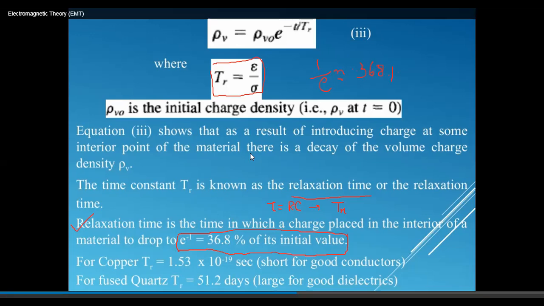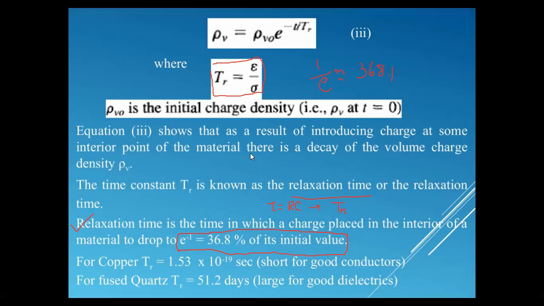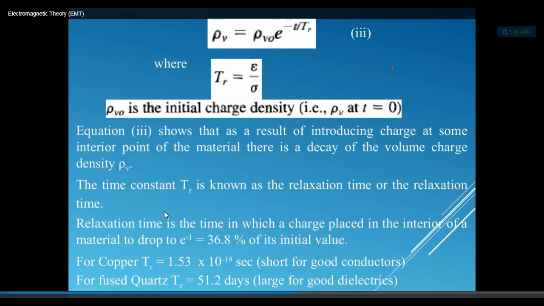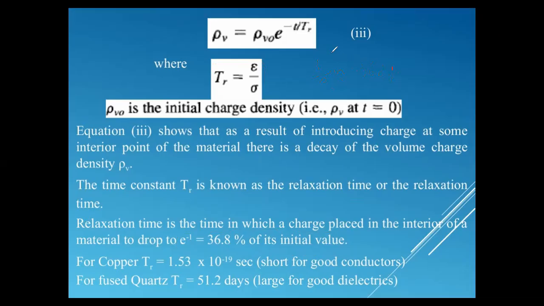So this initial value, what does it mean? I got your point. Actually here I didn't go for each and every step of the derivation, that is why you are asking this question.